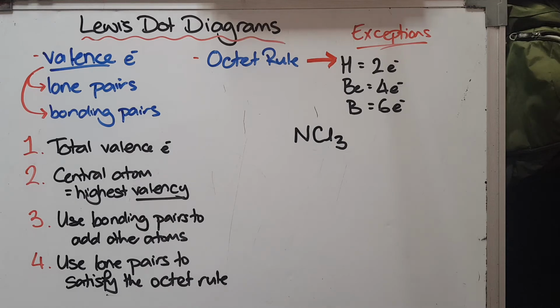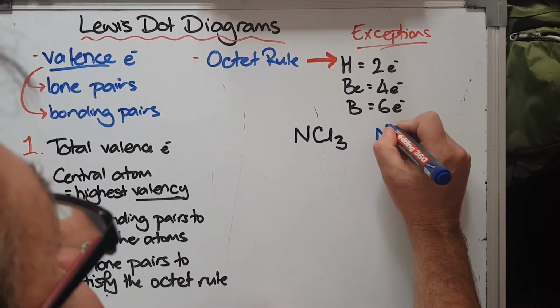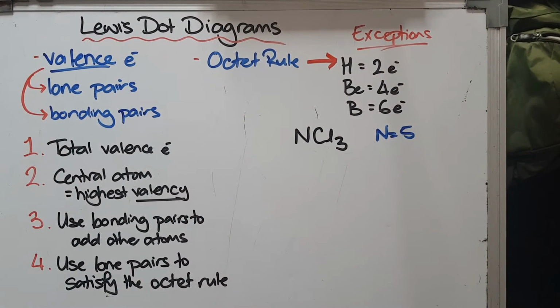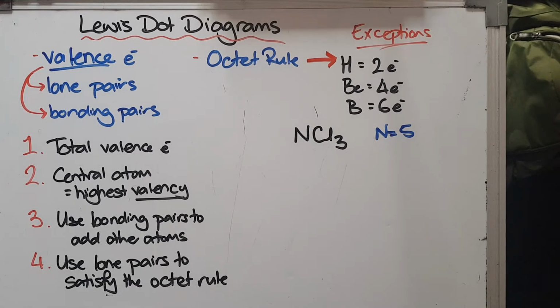So the first thing I'm going to do is add up the total number of valence electrons. In my example, I'm going to use NCl3, so nitrogen trichloride. Nitrogen has got 5 in its valence shell, and we can check that on our periodic table. It's in group 15. They have 5 valence electrons.